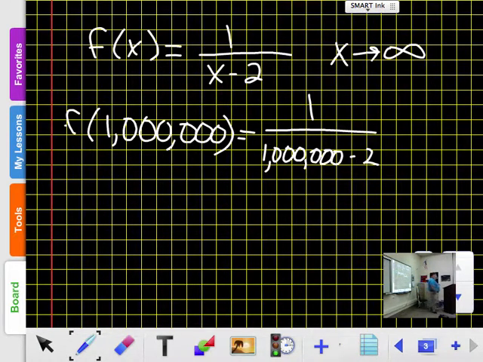When you subtract 2 from a million, does that minus 2 mean a whole lot? Think in terms of infinity. What if we go to 10 million, 10 billion, 100 trillion? The bigger and bigger that x value gets, does that little minus 2 mean anything? No. What do you think this looks like on a calculator if you plug it in?